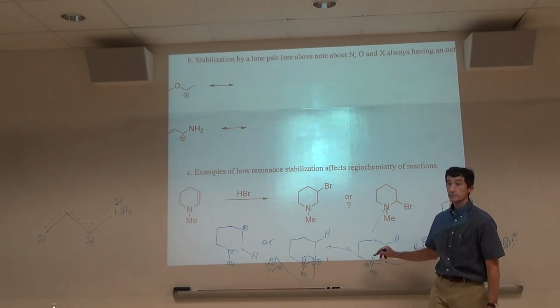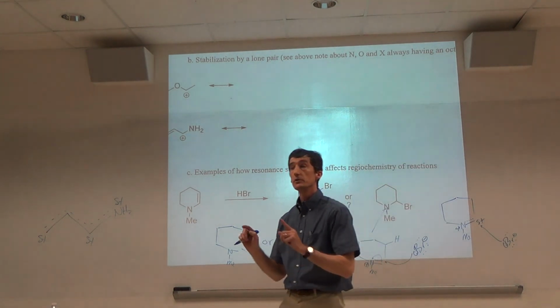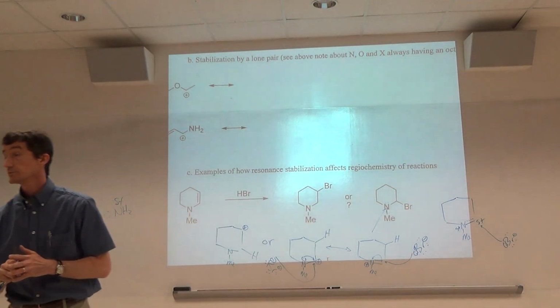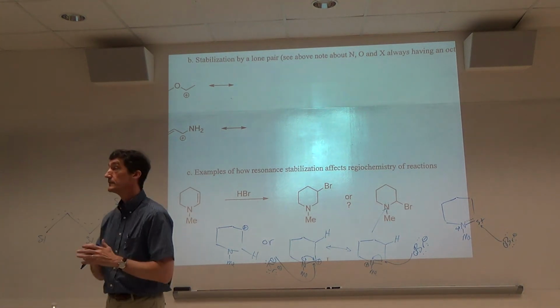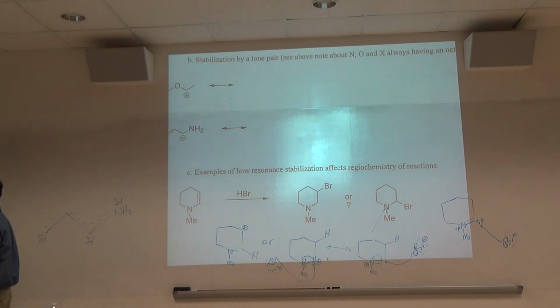That's actually the major resonance structure. You can always work with any resonance structure. Don't let anybody tell you you can't. Okay? Either one is real. The real structure is your hybrid.